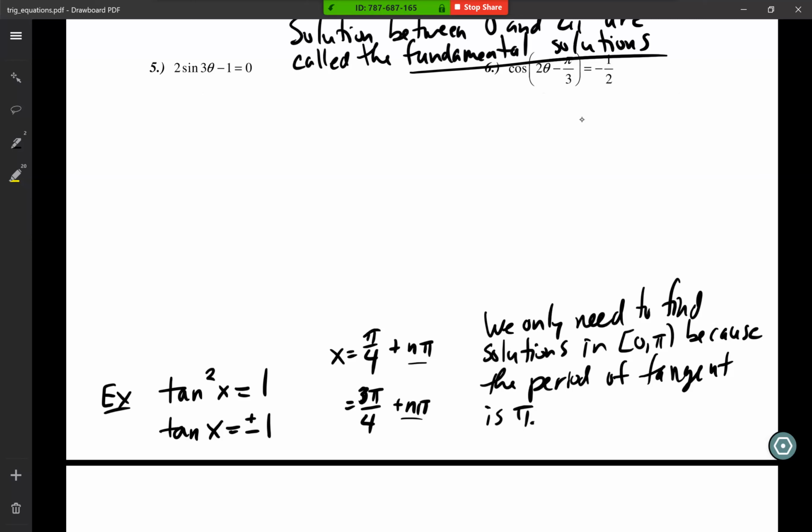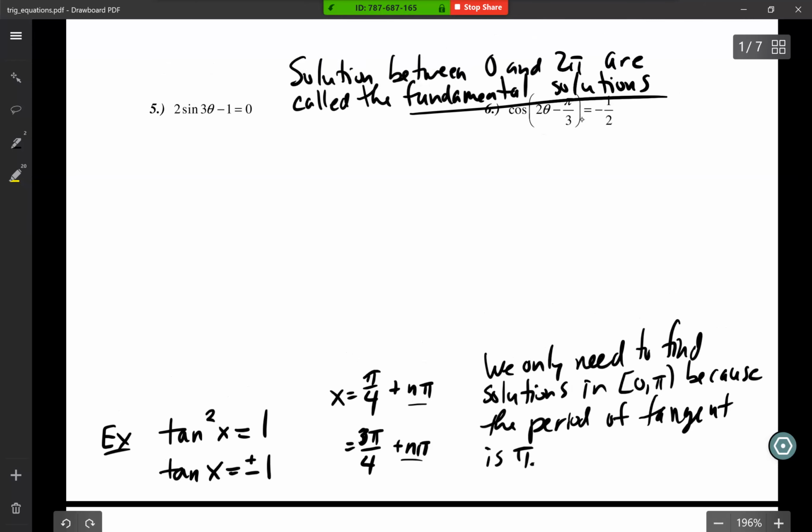Okay. Well, let's add a little bit more of a wrinkle in here. Let's look at number 5. Say that again. Oh, I just get an echo again. That was weird. All right. So let's look at number 5 here, where we have 2 sine of 3 theta minus 1 is equal to 0.